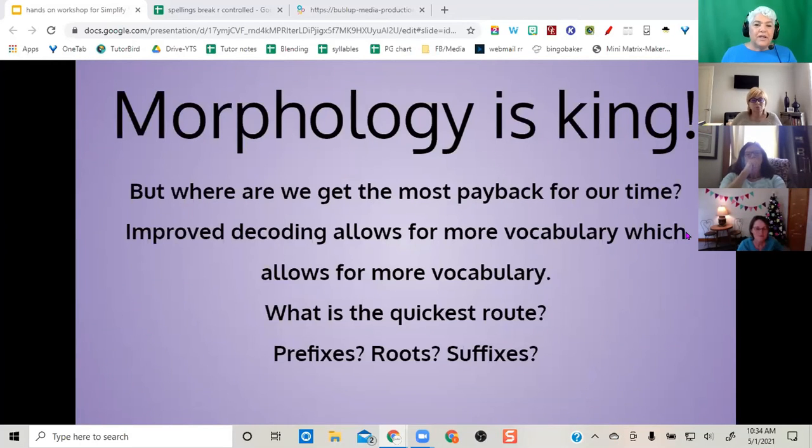When we get to this point, there's always the discussion we hear from people that, oh, we really should teach structured word inquiry. And I agree that morphology is king. Morphology trumps syllabication most of the time. But if we don't decode the word, we're never going to get the meaning from the words.